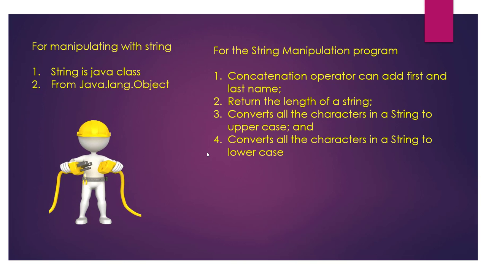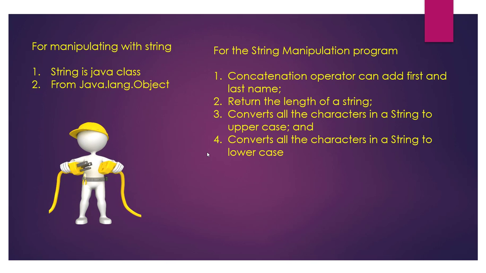You can also concatenate an empty string between the first and last name. To get the size of the full name, the string object has access to the length method, which can provide the exact count of all characters in the full name, including the space between the first and last names.